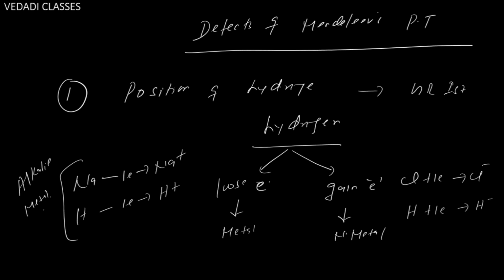So gain of electrons takes place, so it is a non-metal and shows the characteristics of halogens. So it should also be classified in the halogen group, but it has been classified only in the first group, the alkali metal group. So this is very contradictory. The position of hydrogen is still contradictory.